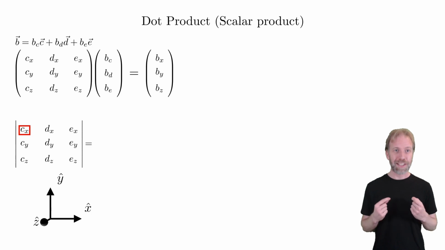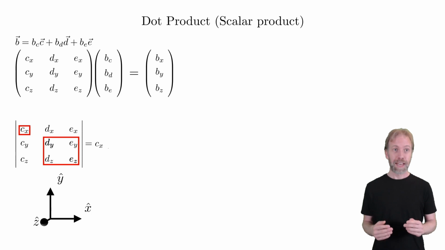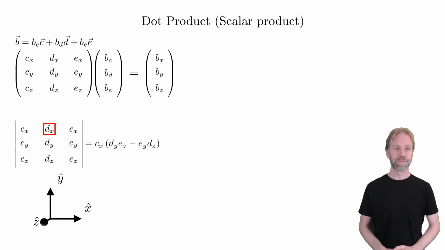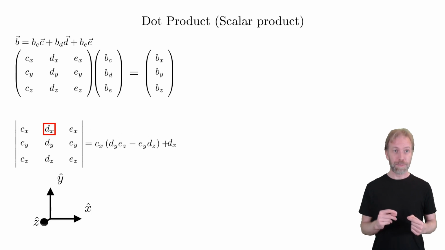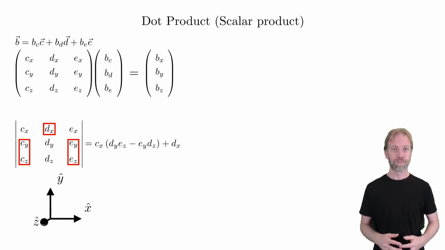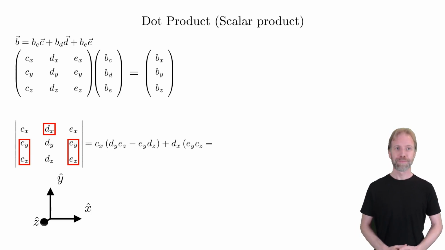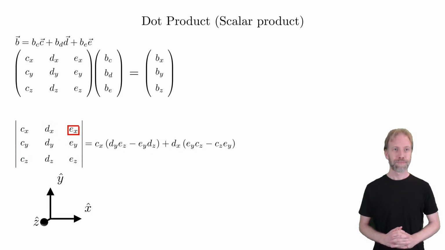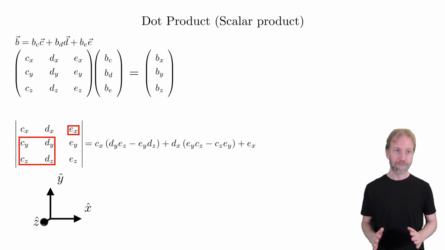One way of calculating the determinant is to start with Cx and then take the 2 by 2 determinant in the y and z directions of D and E. Continue with the same for Dx and the 2 by 2 determinant for E and C. And the same for Ex, multiplied by the 2 by 2 determinant.